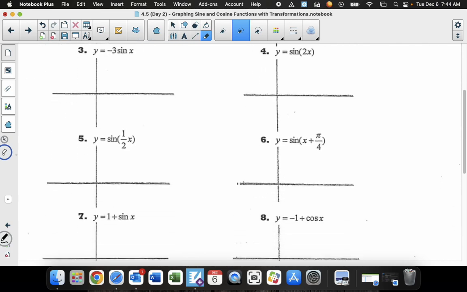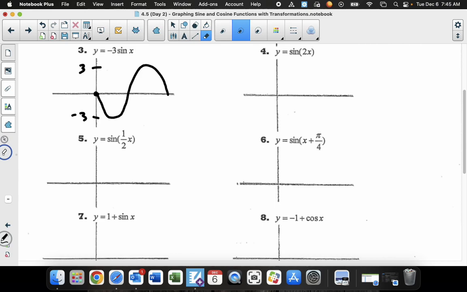So we would still start at the origin, but instead of going up to 3, we actually go down to -3 first. That's the effect that negative would have. It's a vertical reflection. So instead of up to a maximum, it actually goes down to a minimum. That's the one difference. Okay?